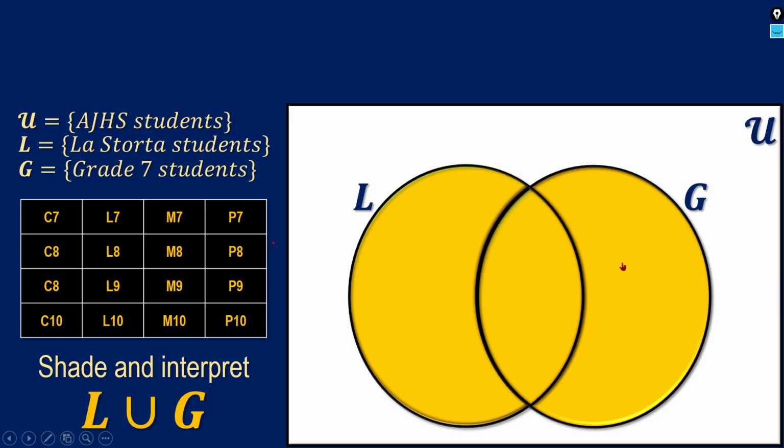But the question is, and I think this is more important in this case, no? How do we interpret the union of L and G based on our situation? That L and G are Las Tortas students and grade 7 students respectively.